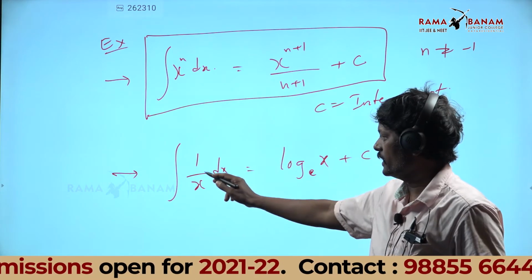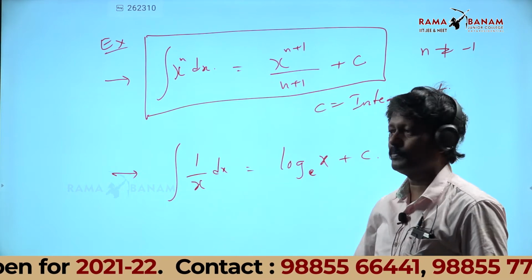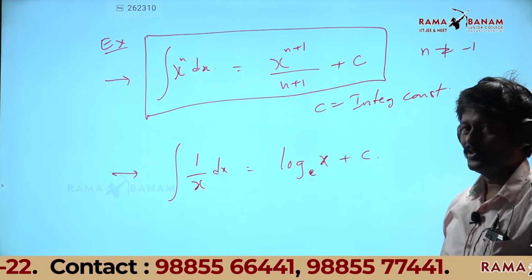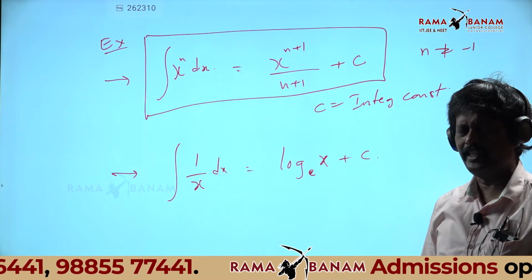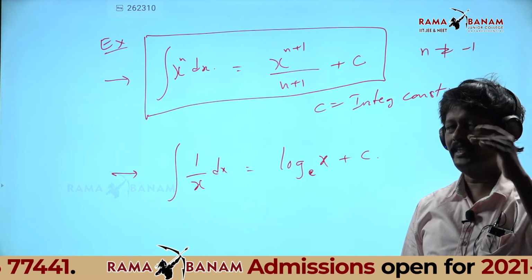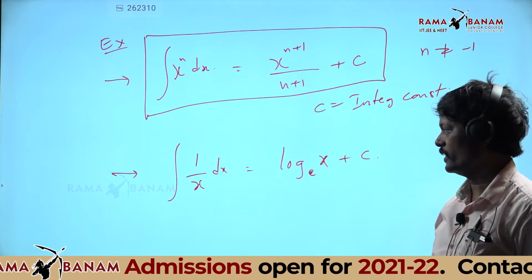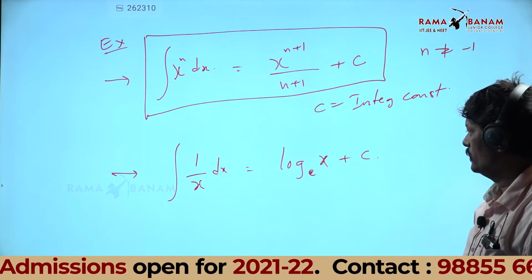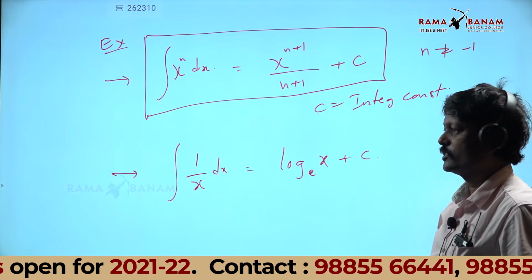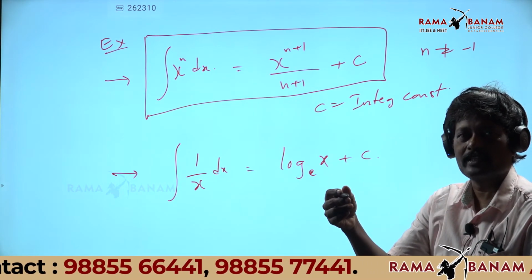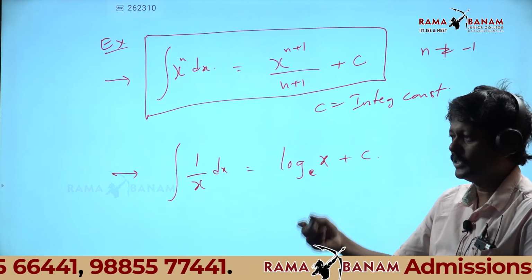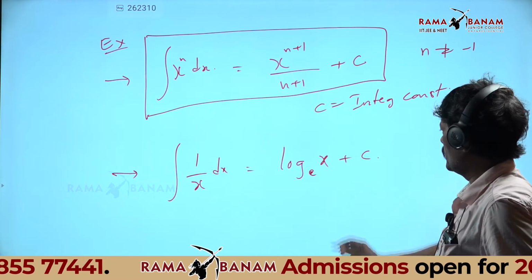So the length of the rectangle is 1 by x, dx is the breadth of the rectangle. So the term dx, now you understood, is the breadth of the rectangle. Any function, whether it's sin x or cos x or cot x, whatever you take, dx will be the breadth of the rectangle. If you keep on adding all such small rectangles under the curve, you get the total area, log x plus c.